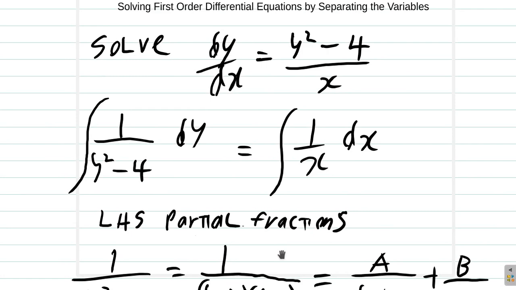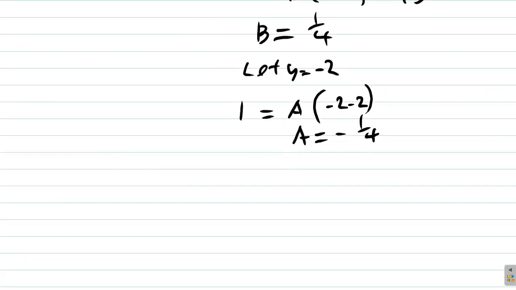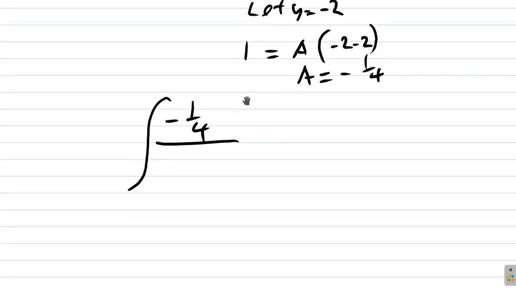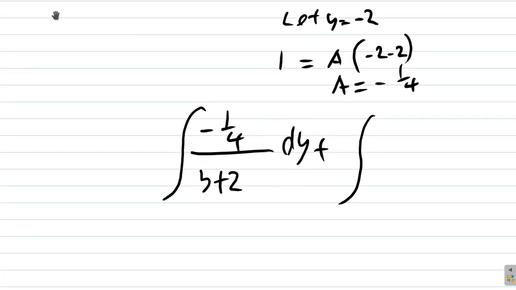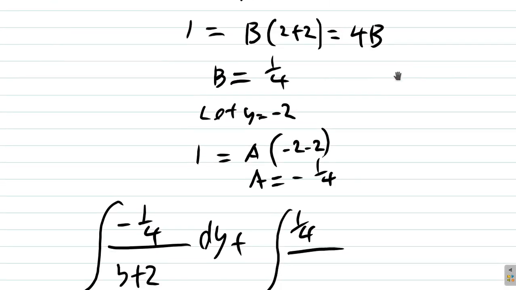So what we have there is the integral of negative a quarter over, here is what again? y plus 2 dy, plus the integral of b, which was a quarter, over y minus 2.